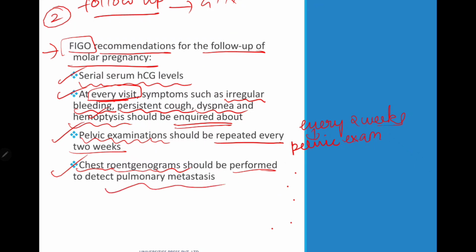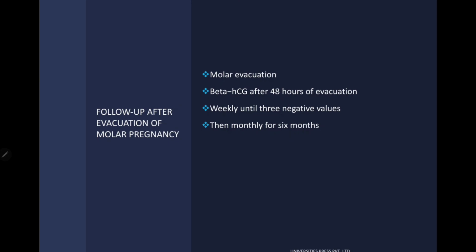So what are the FIGO recommendations for follow-up? First, serial serum HCG levels, and at every visit we look for features of bleeding, dyspnea, cough, and hemoptysis. Every 2 weeks we do a pelvic examination, and chest roentgenograms should be performed to detect pulmonary metastasis.